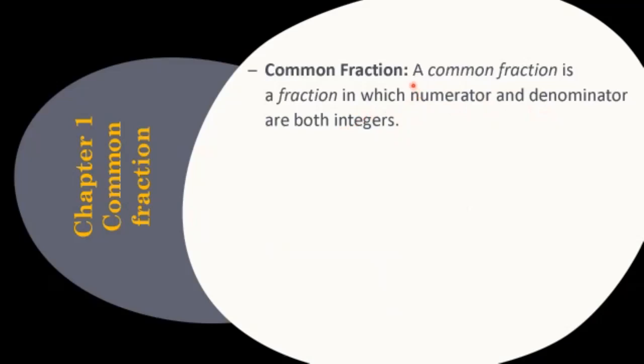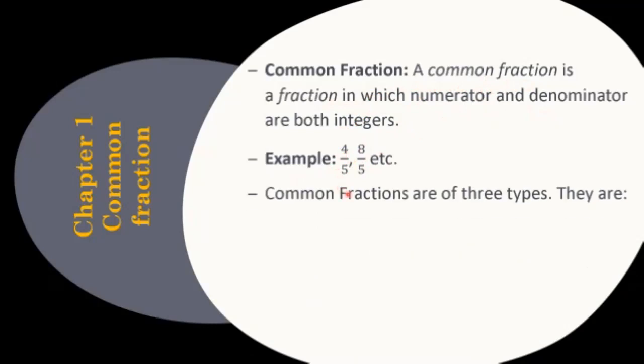Again I am saying, a common fraction is a fraction in which numerator and denominator are both integers. So examples, 4 divided by 5, 8 divided by 5, etc. You can see, my dear, in here the numerator and the denominator both are integer values.